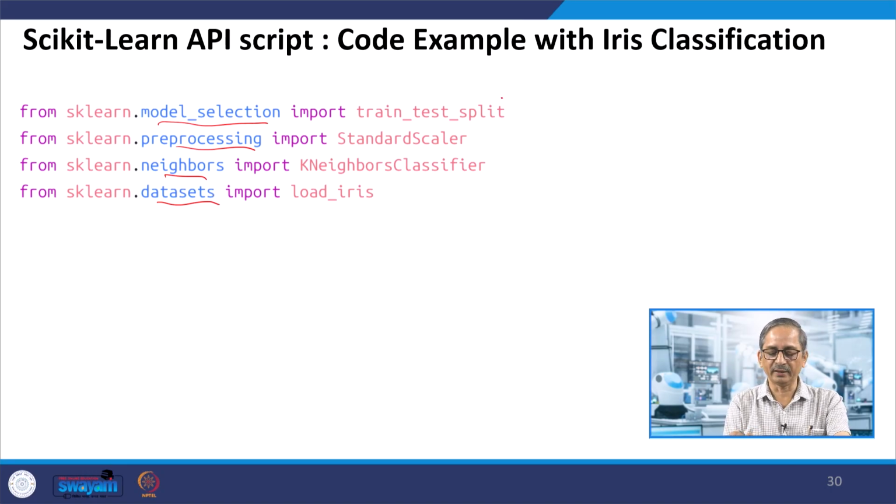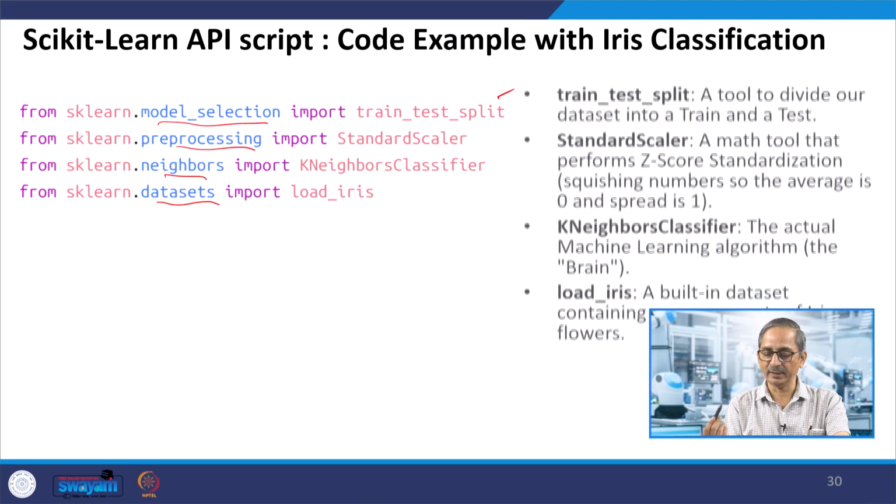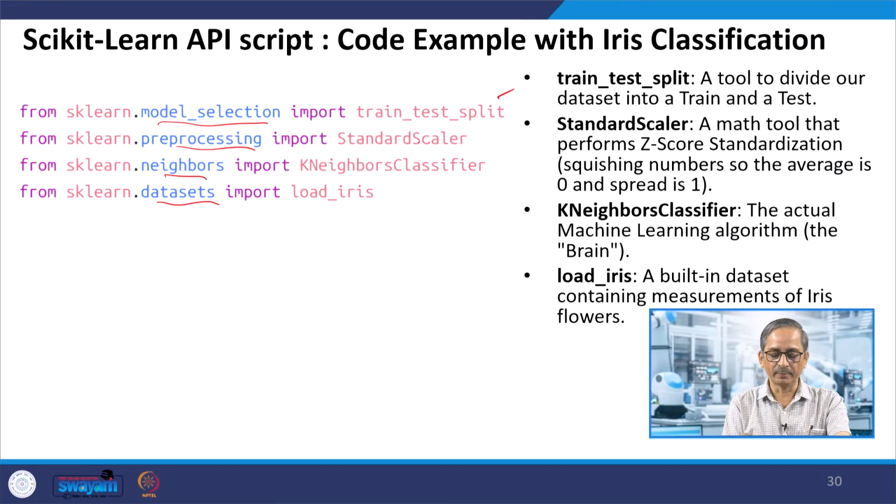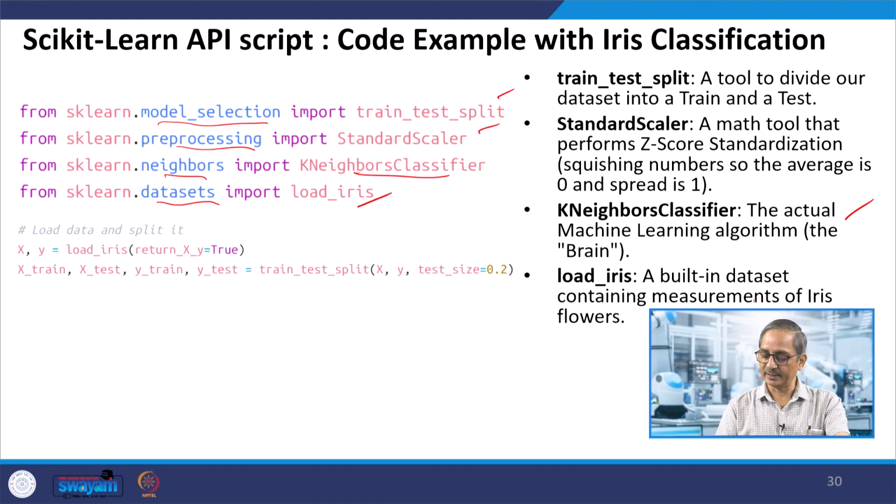Model selection is basically for train test split of the data, and then you have pre-processing StandardScaler, basically a math tool that performs z-score standardization. Then we have the KNeighborsClassifier, which we have learned about in the previous lectures. And then we have a built-in dataset containing measurements of iris flowers.